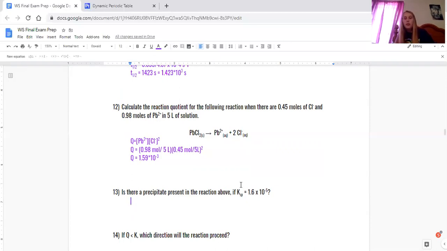So we're going to look at this. So is Q bigger or smaller than K? We can see that it's significantly larger because that negative 3 compared to that negative 5 there. So because Q is greater than K, there is a precipitate. So yes, there is a precipitate.